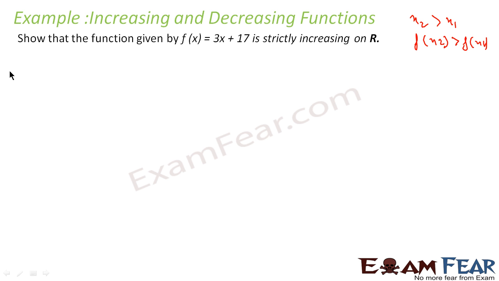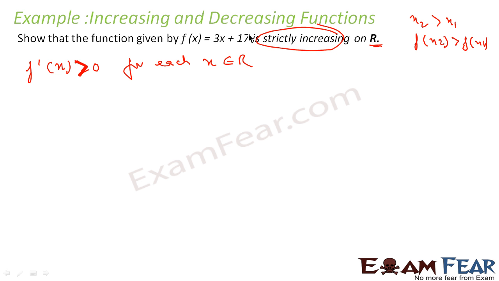The easier way says that if f dash of x is greater than 0 for each x that is part of this domain, that is real numbers, then I can say that the function is strictly increasing, using the theorem.